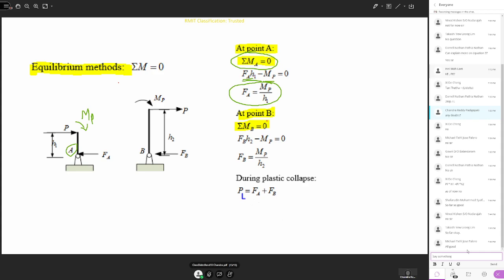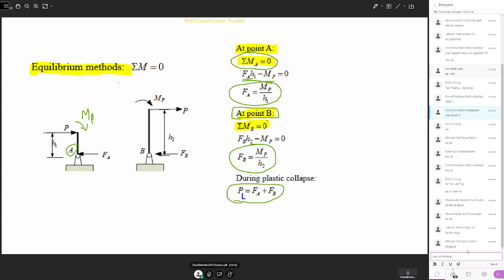Similarly at point B, you can write the sum of the moments acting at point B is zero, then the force acting at point B will be the plastic moment over H2. During the plastic collapse, the plastic load is equivalent to the force at A plus the force at B, because both point A and point B are connected.